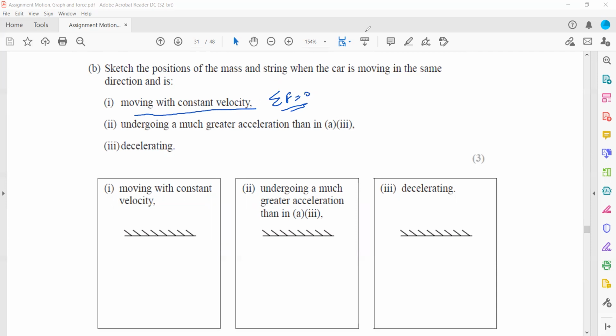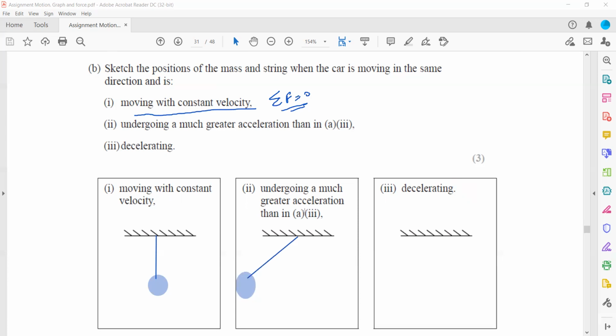So if there is no resultant force, then it should be at its mean position, because if it is not at its mean position, there will be a resultant force. Then it would undergo much greater acceleration. If there is greater acceleration, there will be a greater resultant force. So this angle will be more than 7.